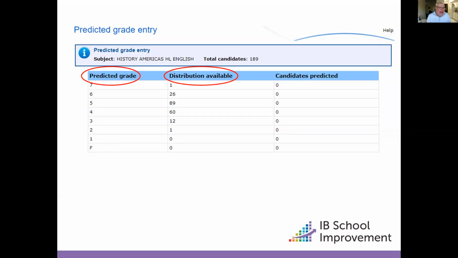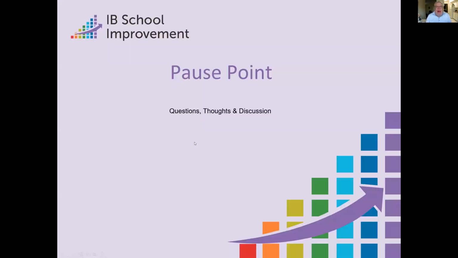The problem is I can't award more than the number of something above. So I can't award more than 26 6s, but I can award less of them. Okay, cool. So let's go on.